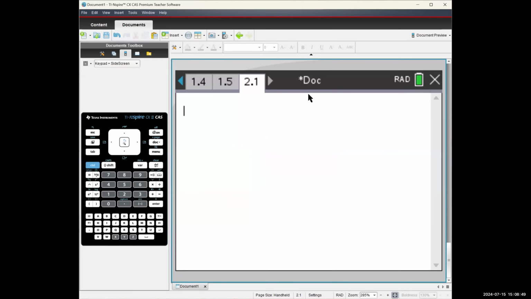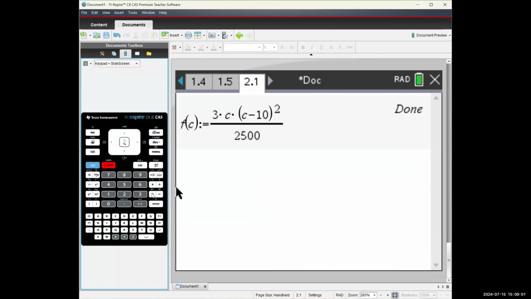Let's just do f of C is assigned to 3C times (C minus 10) squared divided by 2500. And the mean value can be calculated by the integral from 0 to 10 of C times f of C dC. That gives me 4, okay? So the mean value is $4.